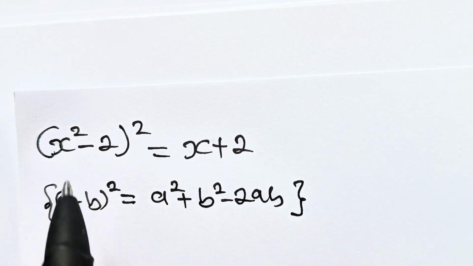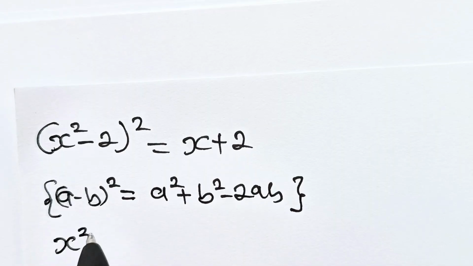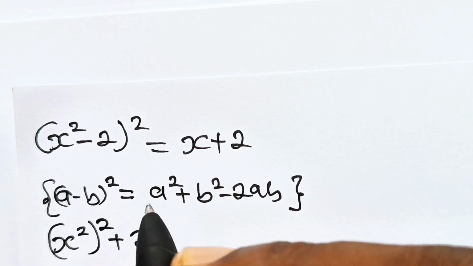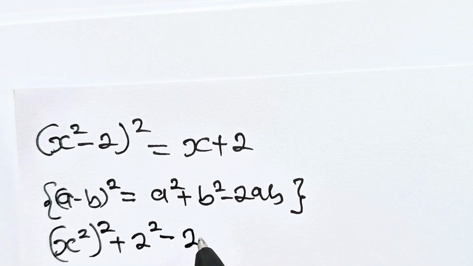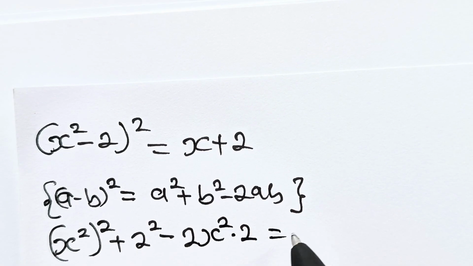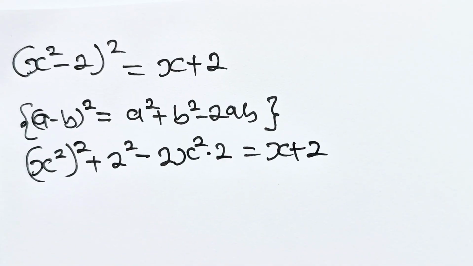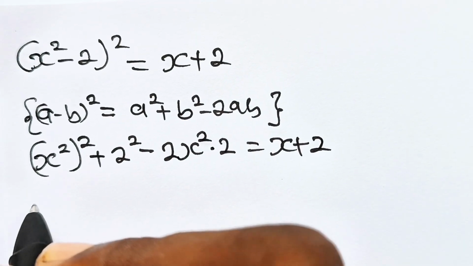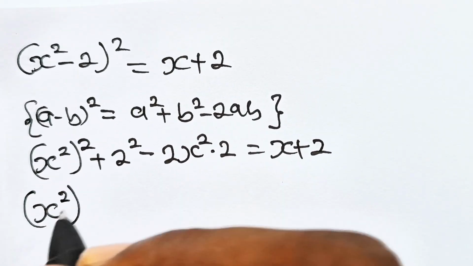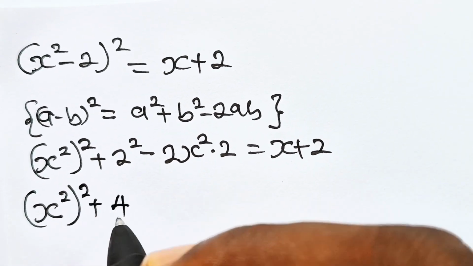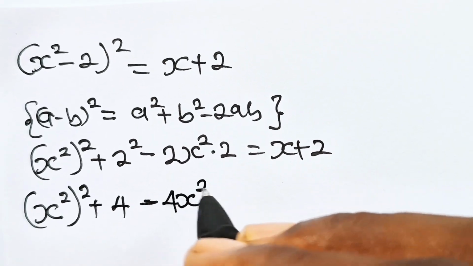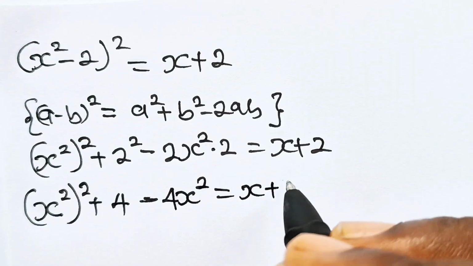So that means that this can be written as (x squared) squared plus 2 squared minus 2 multiplied by x squared multiplied by 2 is equal to x plus 2. Now, we have x to the power of 2 raised to the power of 2, right? Plus 2 squared is 4 minus 2 times 2 is 4. We have 4x squared is equal to x plus 2.